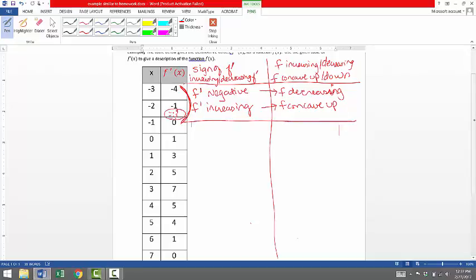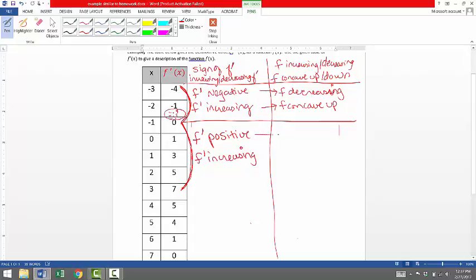All right, the next interval of behavior, the f prime value is 0, then 1, then 3, then 5, then 7. Those are all positive values, and they're getting bigger and bigger, all the way from f prime equals 0 up to f prime equals 7. So on that interval, f prime is positive, and also f prime is increasing.